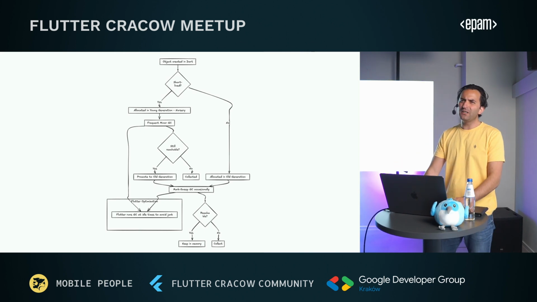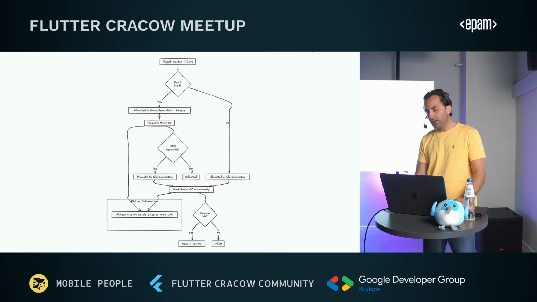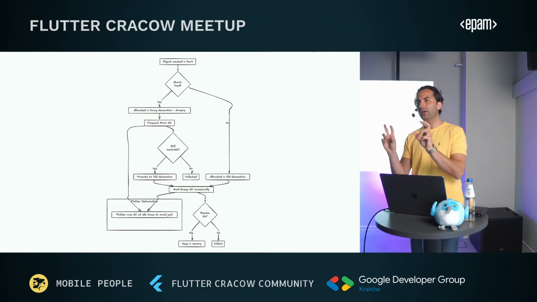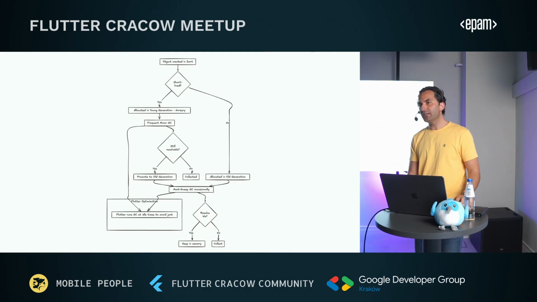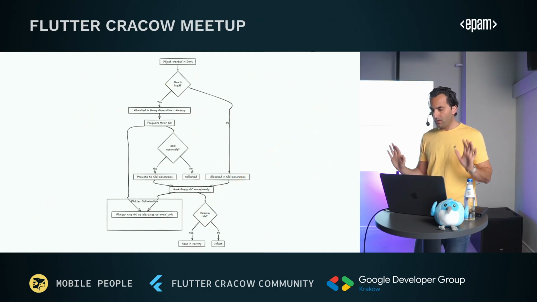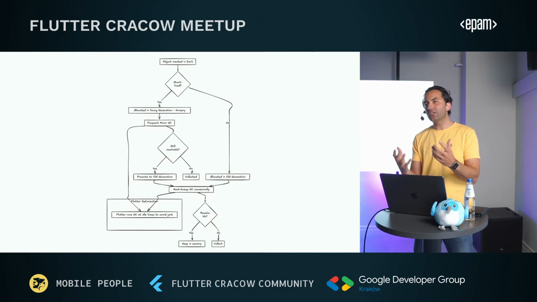Essentially, the Dart VM garbage collector is a generational garbage collector, which means it has two different phases. One is what we call the nursery, or young space, or new generation.